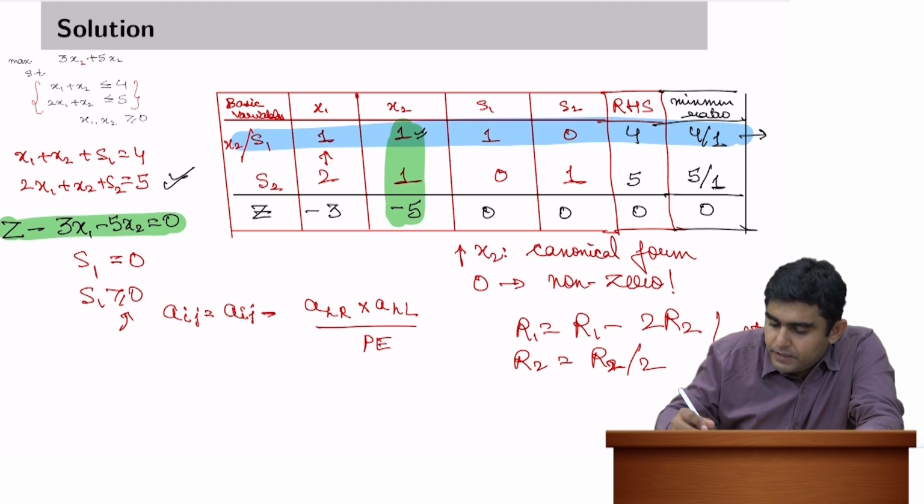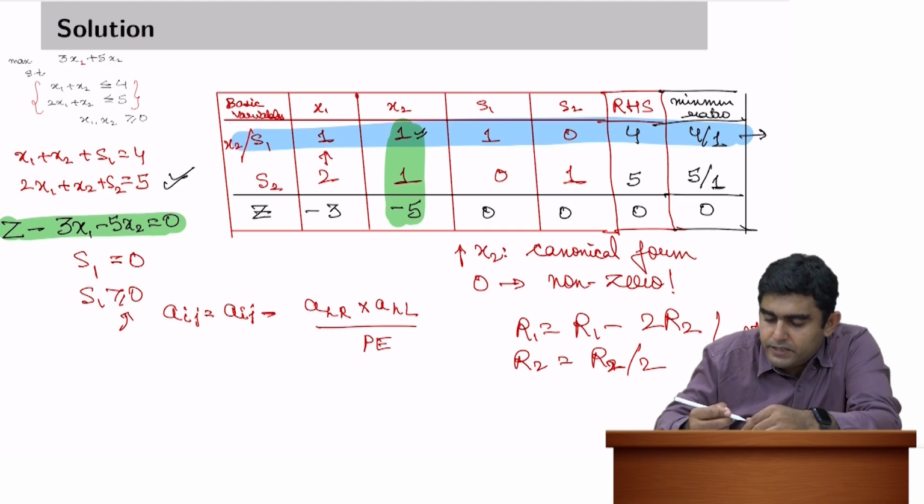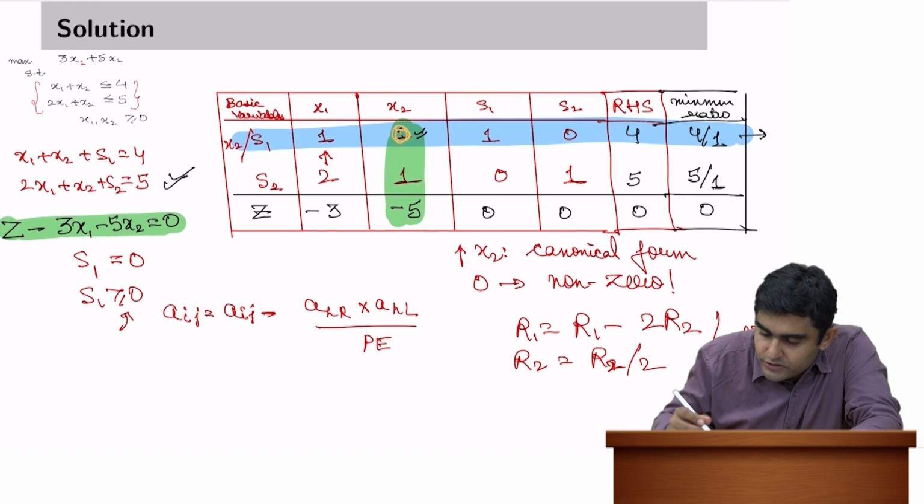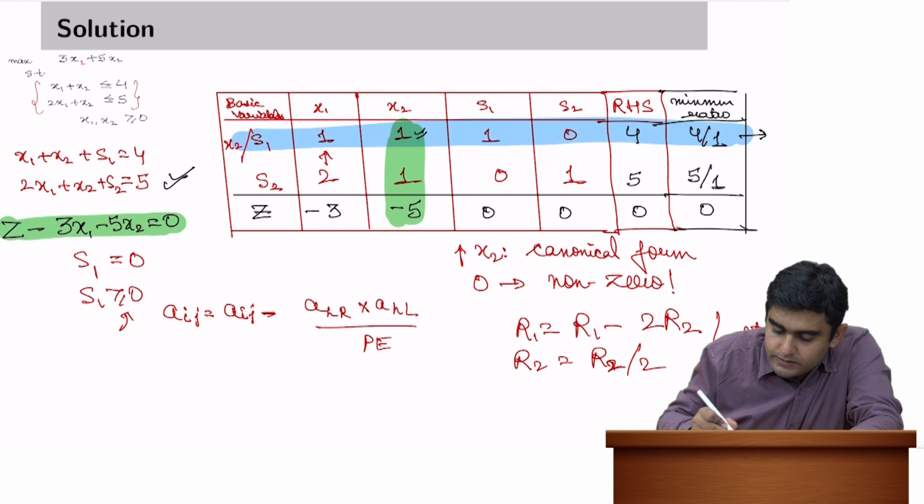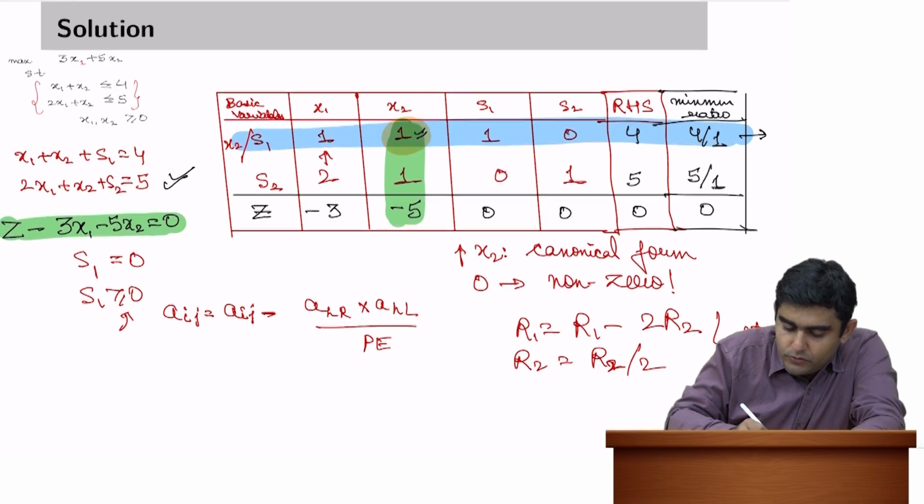We define the pivot element as the element lying at the intersection of this highlighted row and highlighted column.